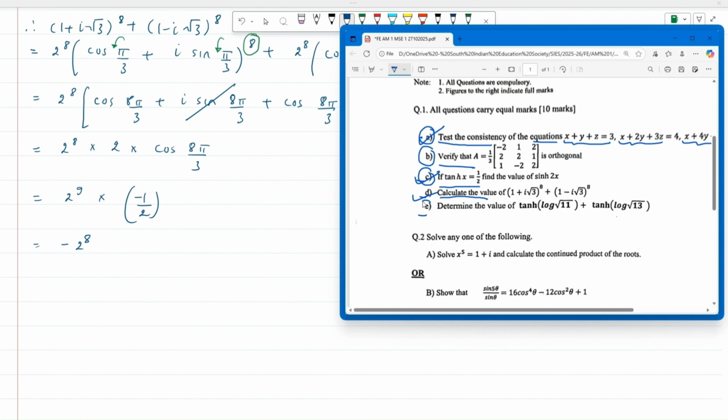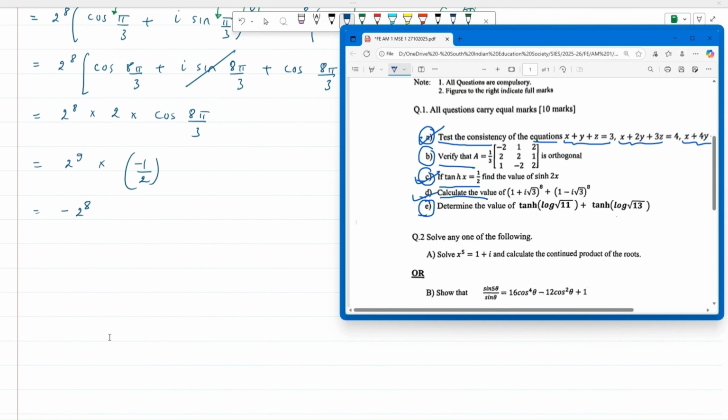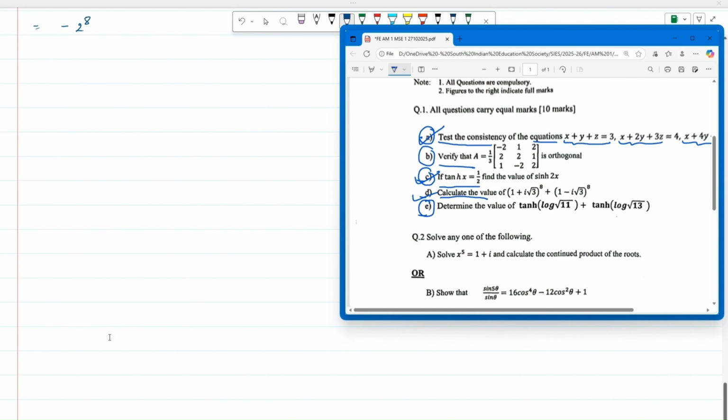Now let's look at the last sub question in question 1, that is E. So again, we are given an expression and we are told to evaluate the value of that, and the expression is tan hyperbolic of log 11 plus tan hyperbolic of log root 13.